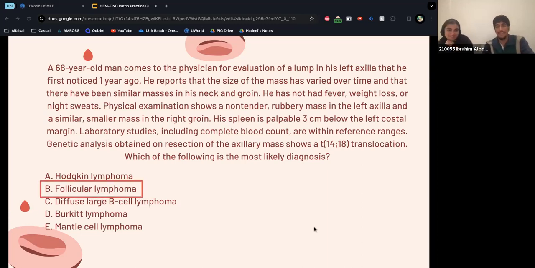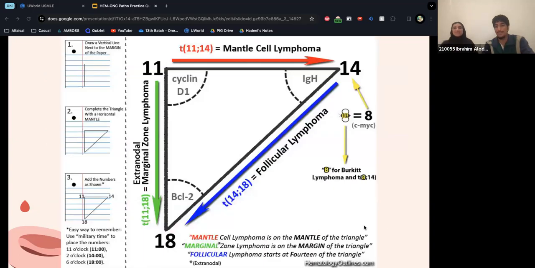It's follicular lymphoma. So I'm about to show you guys the world's stupidest mnemonic. It's actually ridiculous, but for some reason it really helped me with lymphomas. Basically, bear with me because this is going to be more confusing than me explaining lymphomas, you have to draw a triangle on paper. One side of the triangle has to be at the margin of the paper, and the top of the triangle is the mantle.